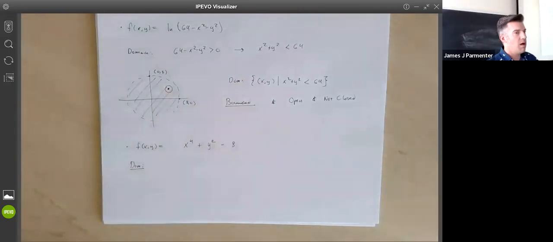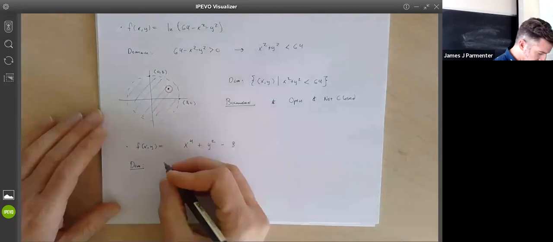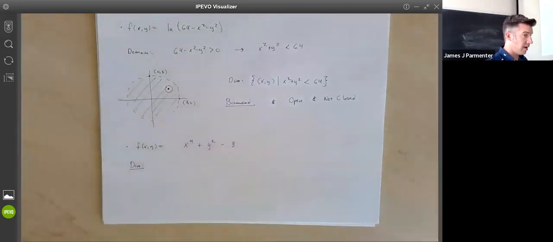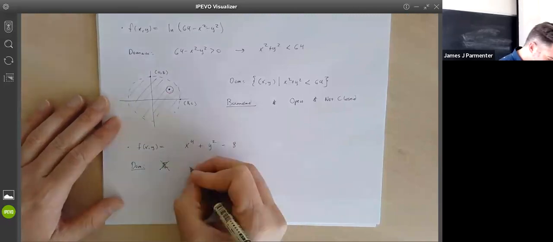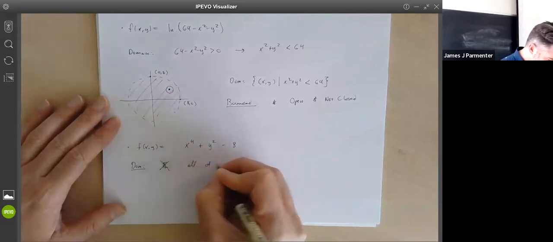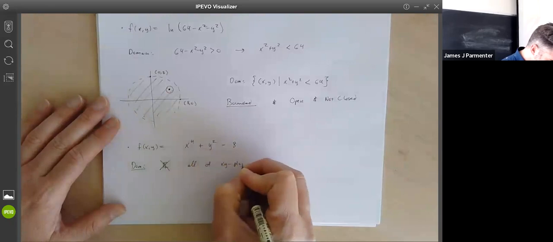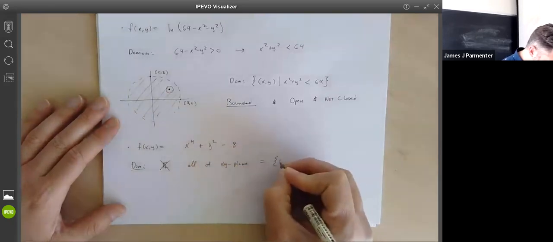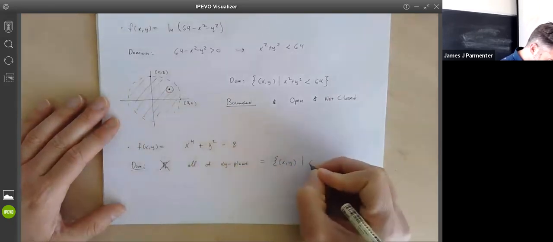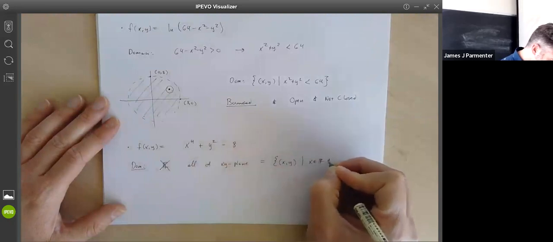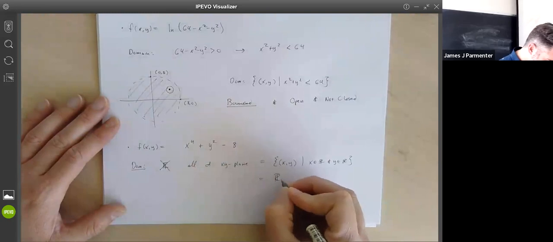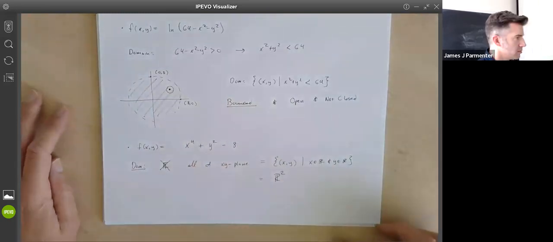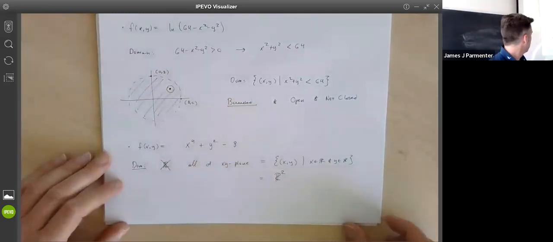There's no roots, there's no logs, there's no fractions. So my domain is all of the xy plane. Or you can say it's the set of all x, y such that x is real, y is real. Or you could say it's R squared.